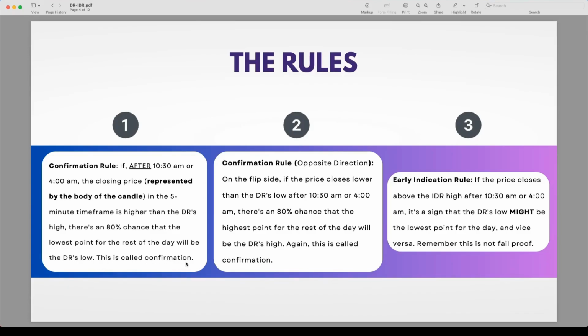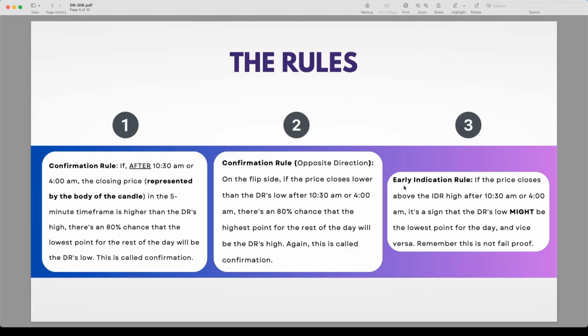This is called confirmation. Confirmation rule for the opposite direction. On the flip side, if the price closes lower than the DR's low after 10:30 or 4 a.m., there's an 80% chance that the highest point for the rest of the day will be the DR's high. Again, this is called confirmation.